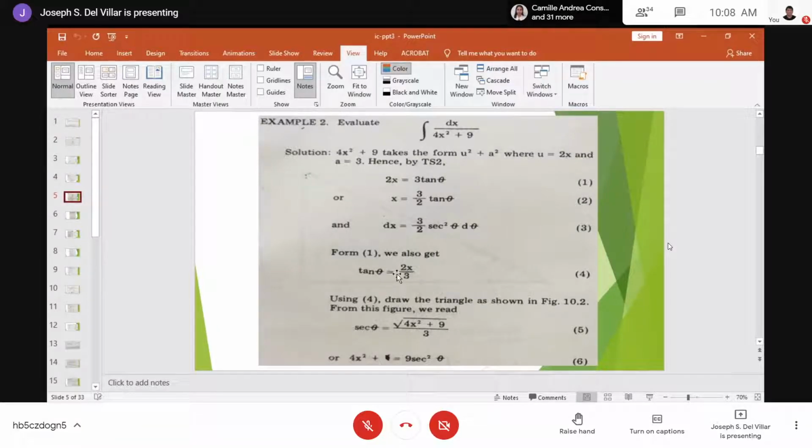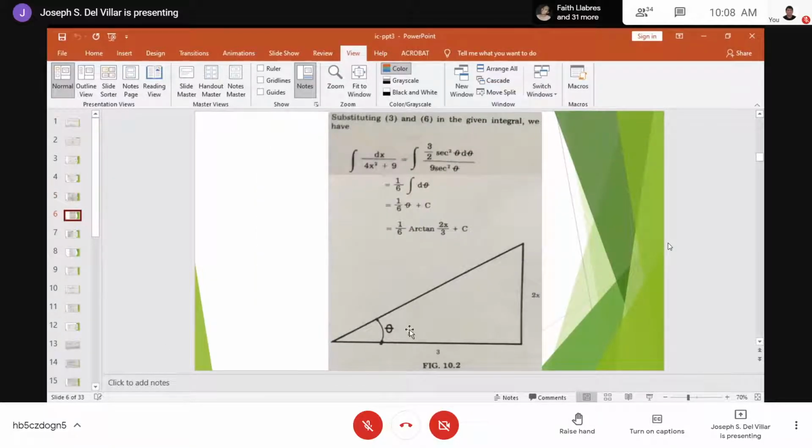Okay? 2x over 3. So, itong tangent theta is equal to 2x over 3 will be our basis of drawing the right triangle. Okay? So, if theta is the acute angle, and we know that tangent is opposite over adjacent, so opposite the angle theta is the side 2x of the right triangle. Okay? And then adjacent side is 3. Okay? So pag drinawin nyo yan, ganito siya. Opposite of the angle is 2x.